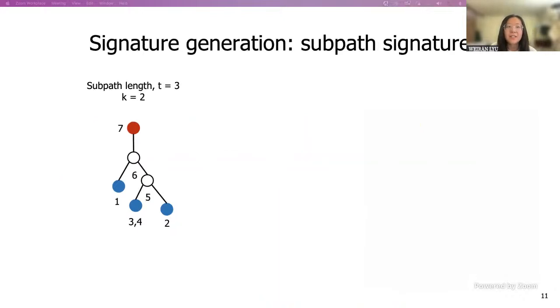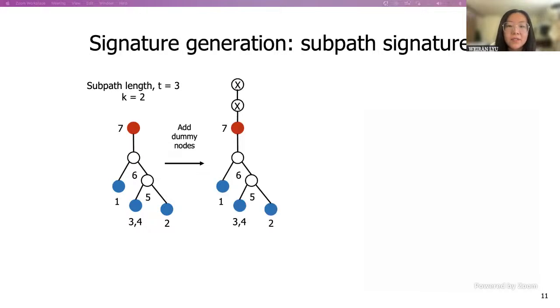Subpath signature is another way to generate a signature for a merge tree. Given a labeled merge tree, we can identify the elements of a set of subpaths. We generate all subpaths starting from the root node and traverse down to collect them in a multiset. Here we set the subpath length to be 3. We first include a path containing 2 dummy nodes leading to the root node. This ensures that all subpaths will be of length 3.